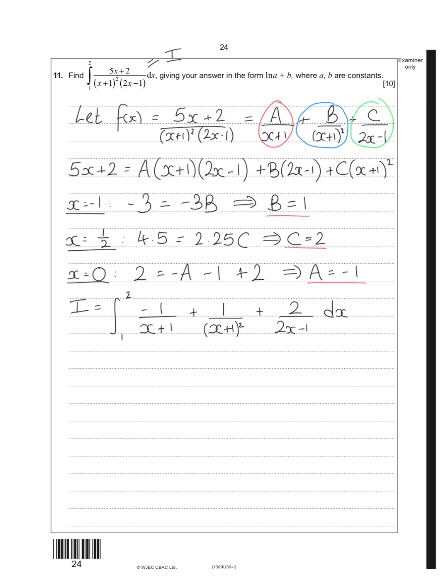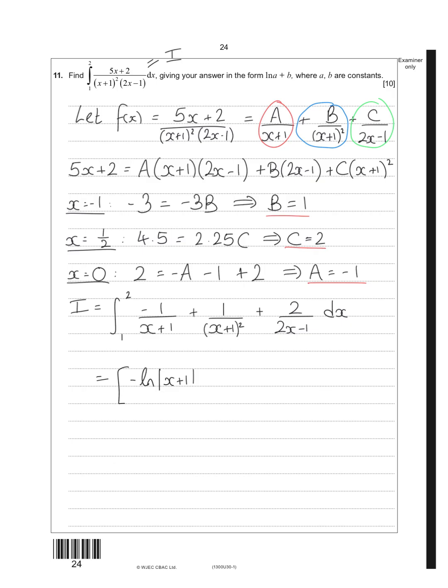So this first one is going to be -1 times the natural log of |x plus 1|. I would include the mods here. I know everything is going to be positive, but I like to include the mods.